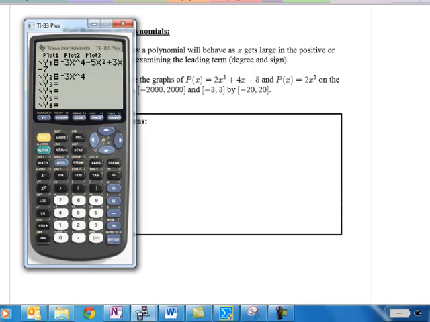And let's do the same thing. Let's look at a window from negative 10 to 10, say, and larger values even. Let's do negative 10,000 to 10,000 for the y's.